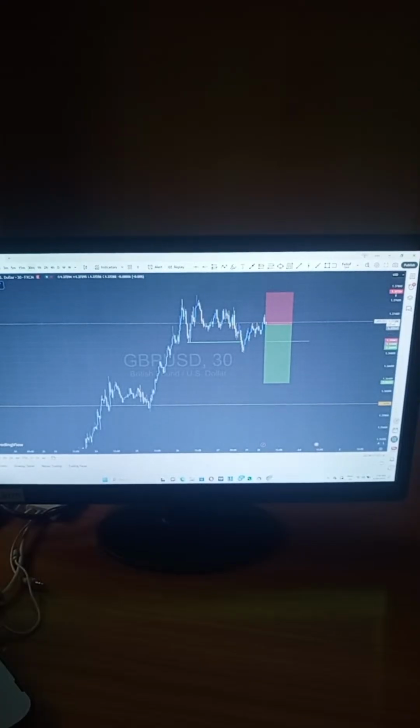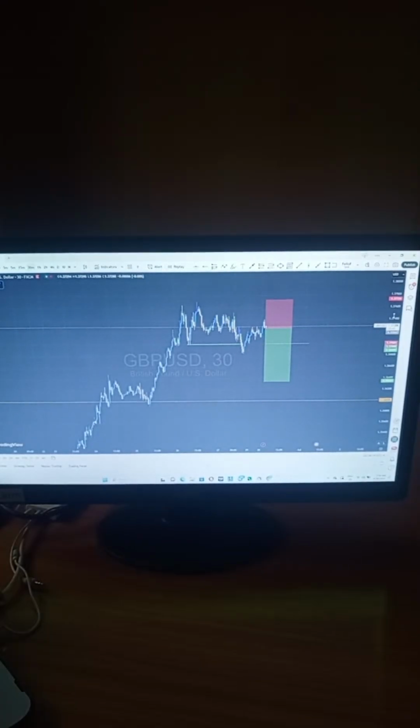Now you'll be asking, why am I selling? Well, the 30 minutes is bearish for me. I see this as a change of character on the 30 minutes, and I have an engulfing candlestick here. Let me take my Fibonacci so that you can understand why I'm selling.